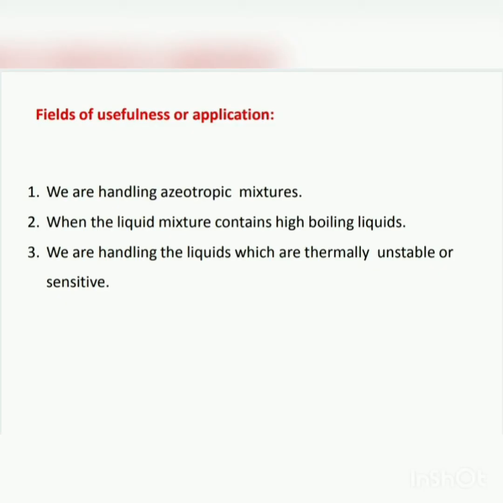Now let's see the fields of usefulness of extraction technique. Liquid-liquid extraction is used for the separation of a liquid mixture when we are handling azeotropic mixtures, that is, mixtures having close boiling liquids. When the liquid mixture contains high boiling liquids so that high latent heats are required for their separation, or when we are handling liquids which are thermally unstable or sensitive.